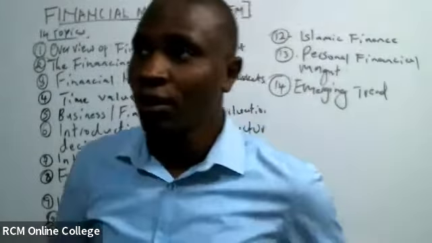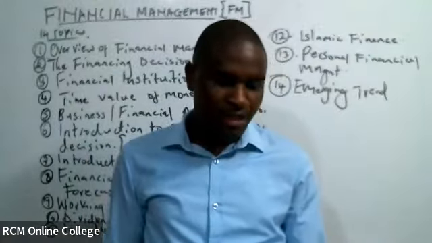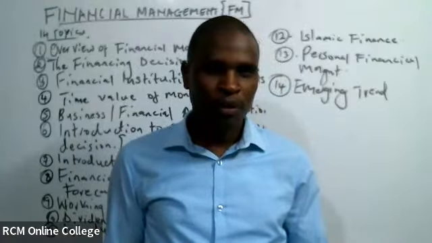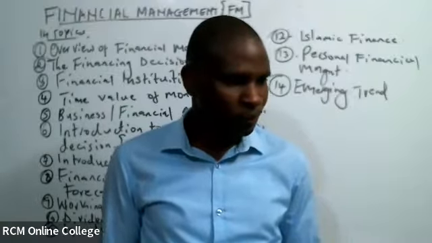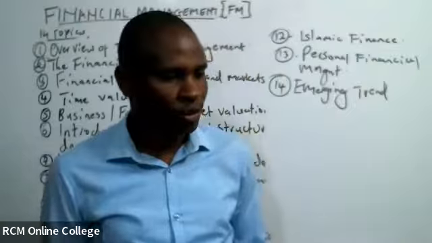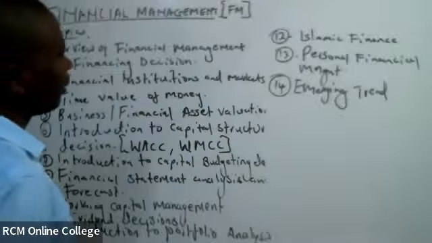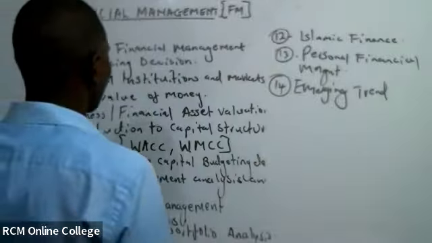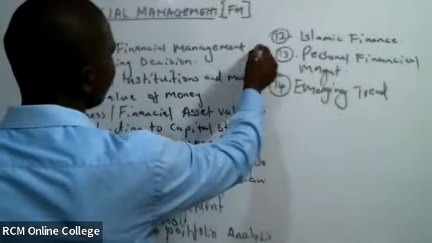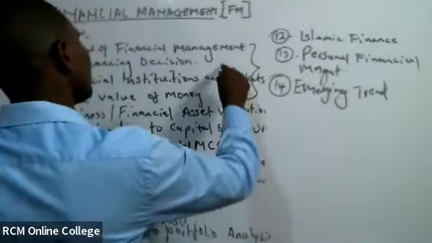Okay, good. Now, I just want us to do something today. And I always start here. For these topics, if I try to analyze the topics here, class, topics 1, 2, 3 are theory topics.